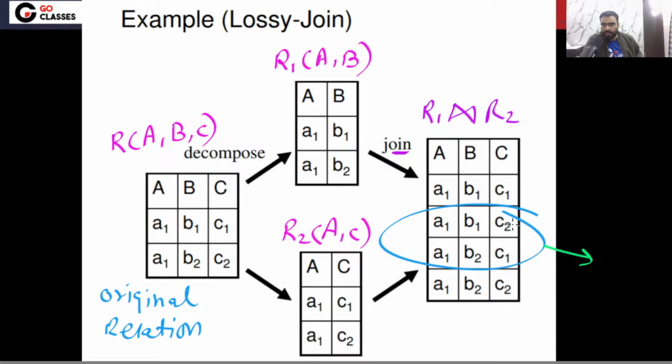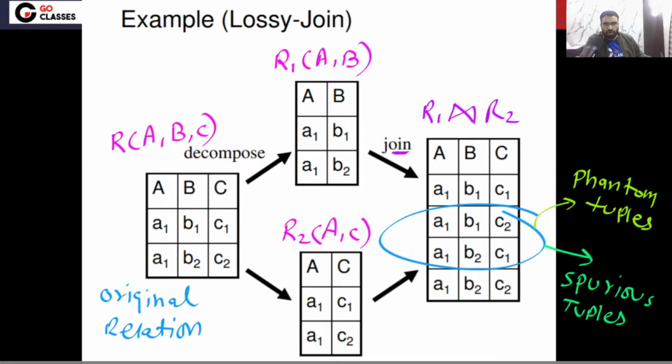Remember, these extra tuples that we get which are not present in the original relation are called spurious tuples. You can call them spurious tuples or phantom tuples.